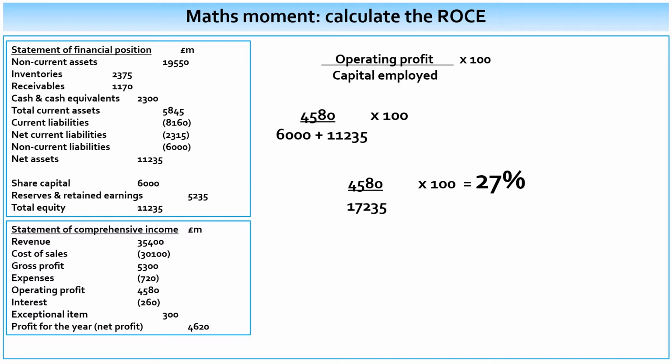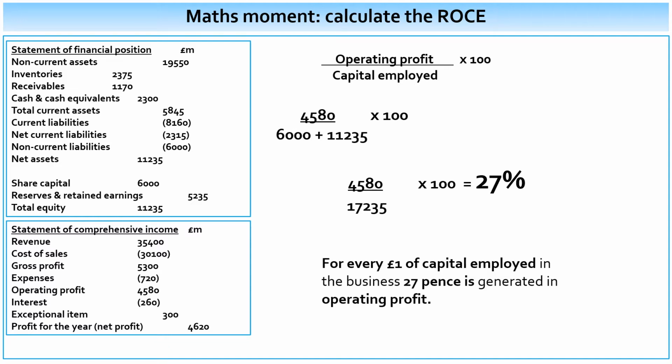So 6,000 plus 11,235, 17,235 is the capital employed. Operating profit divided by capital employed times 100. The return on capital employed for this business will be 27%, which is telling us for every £1 of money that's been invested in the business, capital employed, we're generating 27 pence in operating profit.